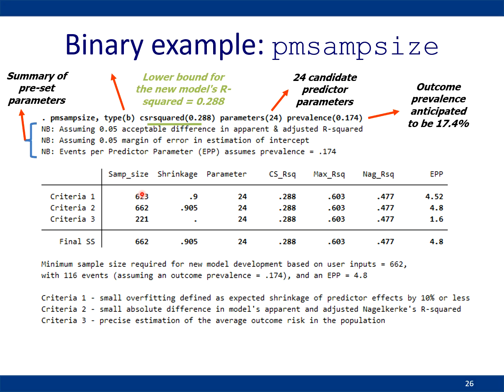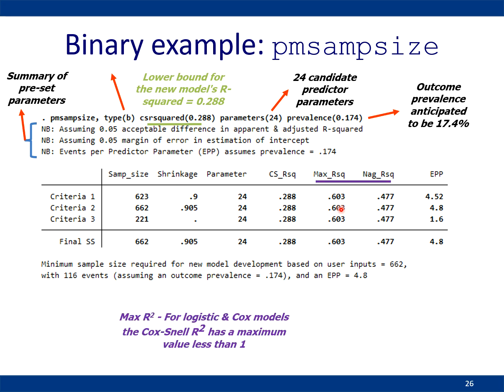We also have the shrinkage and the number of parameters. We then have the Cox-Snell R-squared that we imposed, which was 0.288. And then importantly, we have the maximum value of the Cox-Snell R-squared. So remember that the Cox-Snell has a maximum value less than 1. So in this case, based on the prevalence, the maximum that we could achieve is 0.603.